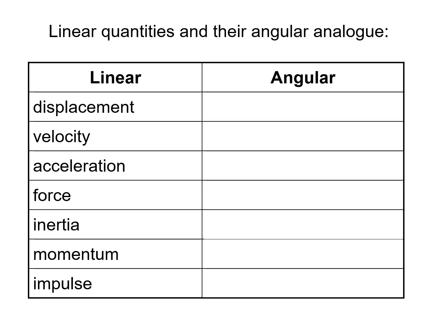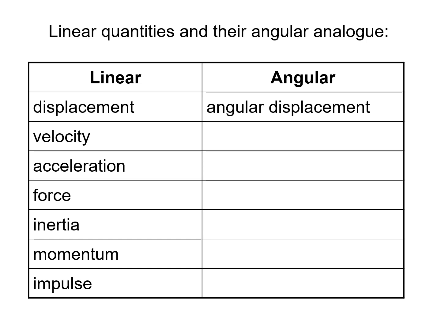So much like when we looked at our linear and angular kinematics, the angular kinetics are very similar to their linear counterparts. When we look at linear displacement, we have angular displacement, but instead of meters or centimeters, we use degrees or radians.